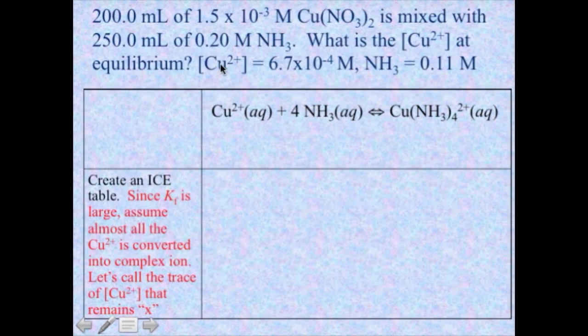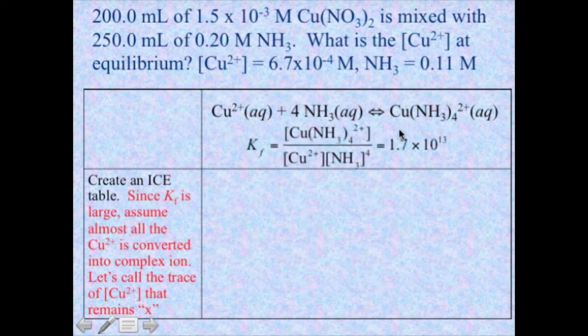So continuing our problem, the copper ion, as we just calculated, is 6.7 times 10 to the minus 4 molar. The ammonia is 0.11 molar, and our reaction is each mole of copper ion that reacts with 4 moles of ammonia to form the copper ammoniacal complex.